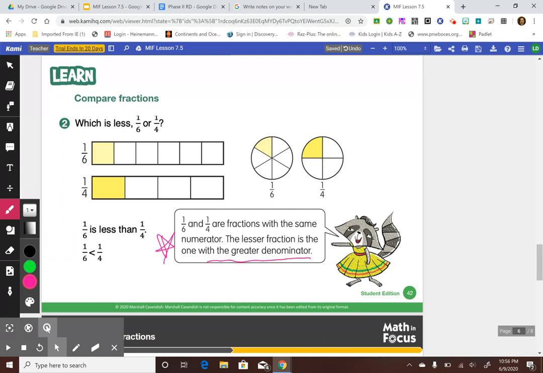So the smaller fraction is the bigger denominator, kind of opposite of what we usually think. 6 is a bigger number than 4, but in fractions, 1/6 is smaller than 1/4 because 1/6 means 6 equal parts and 1/4 means 4 equal parts. And so the more pieces your whole is divided into, the smaller those pieces will be. The bigger the denominator, the smaller the part.